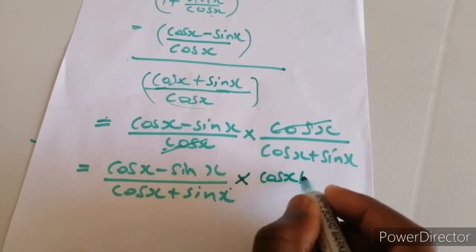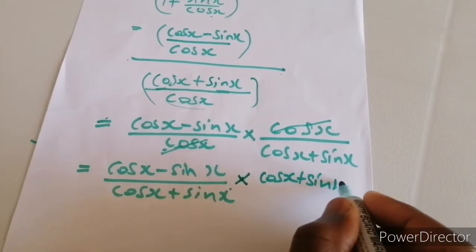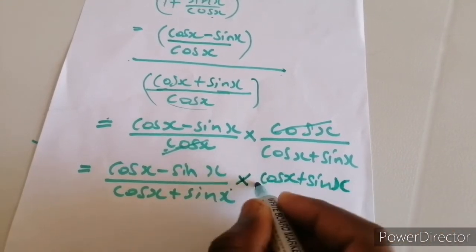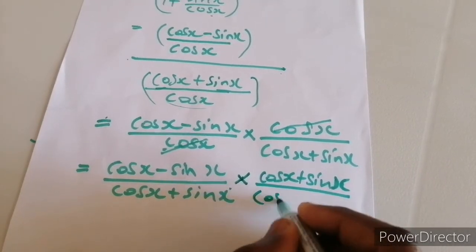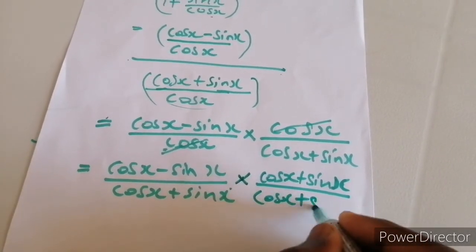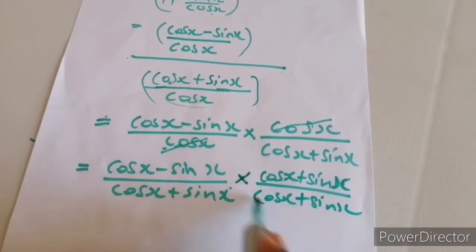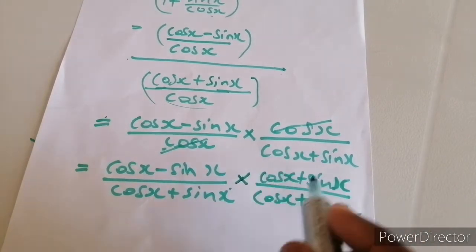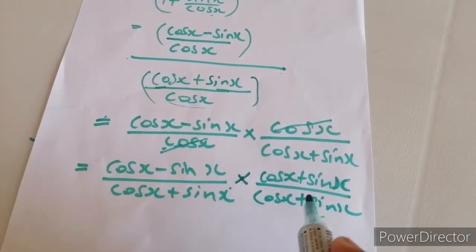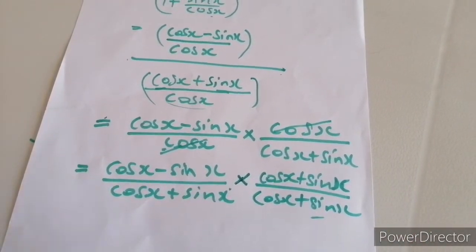The expression that we're going to multiply by is cos x plus sine x divided by cos x plus sine x. This whole thing is 1. If we are multiplying by this, it's not going to change anything. Like, for example, let me give you an example with numbers.